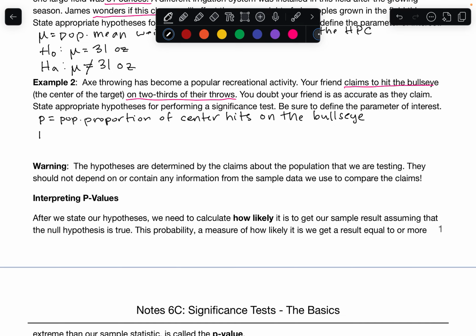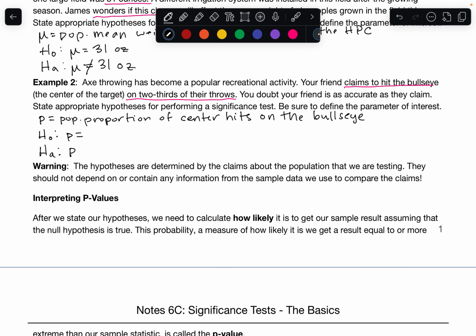Then we make our statements, our hypotheses, the null hypothesis, the alternative hypothesis. Because this is a claim about proportions, I'm going to have P equals and then P and then an inequality, which we'll deal with in a second.